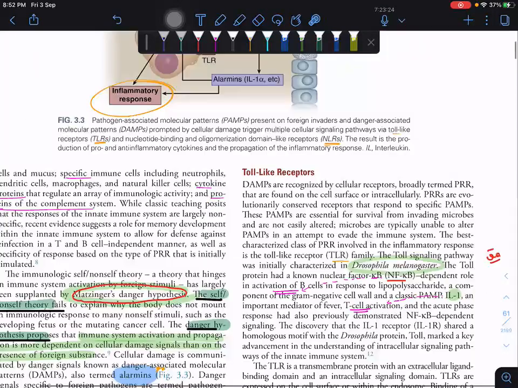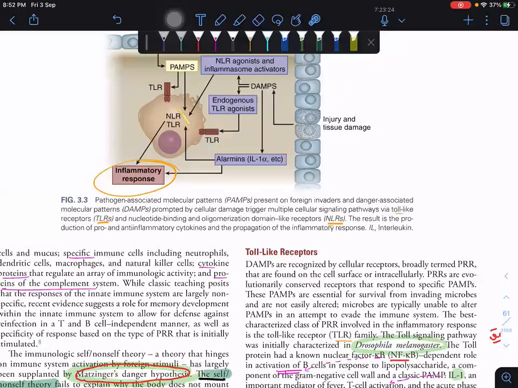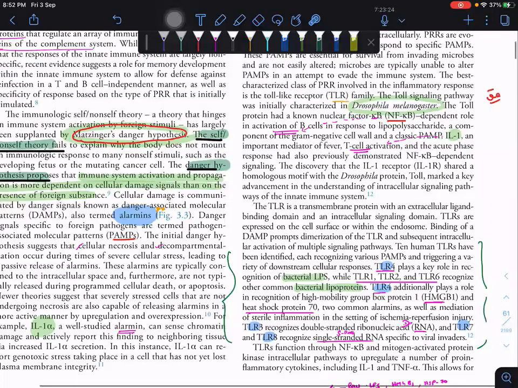Toll-like receptors, TLRs, were initially characterized in Drosophila melanogaster, where the TLR was identified.